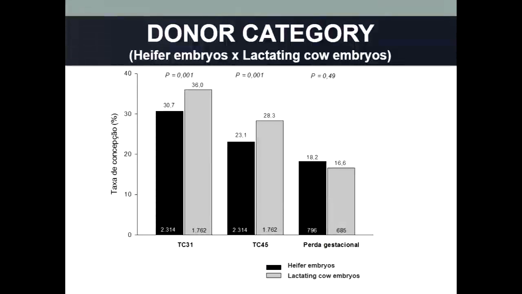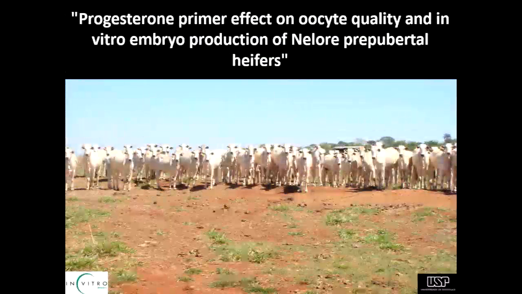And like in IVF embryos, look here, when we transfer the embryo from heifers, statistically we have a low conception rate at 30 days and 45 days, no difference in embryo loss. But again, the lactating donor produces a higher conception rate when transferring the embryo than heifers. So the heifer has a low conception rate in our condition.